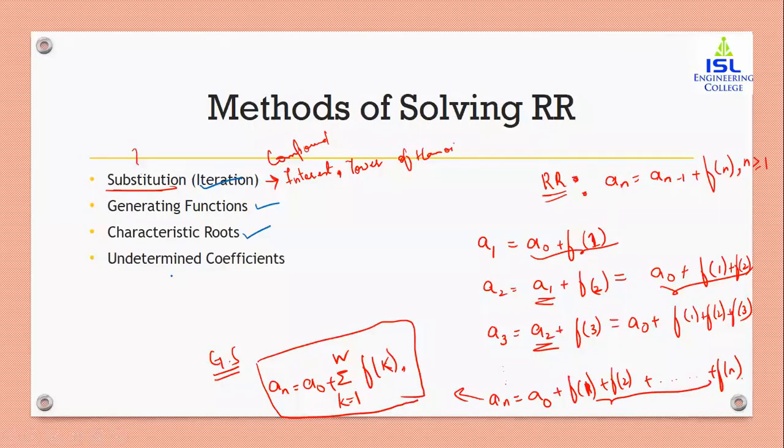Now, the next method, undetermined coefficients, is for your non-homogeneous recurrence relations. That also we have already seen. But here the method is that we usually guess the general form of a particular solution, and then we divide our recurrence relation into the associated homogeneous recurrence relation and the equation that we have to find the particular solution for.